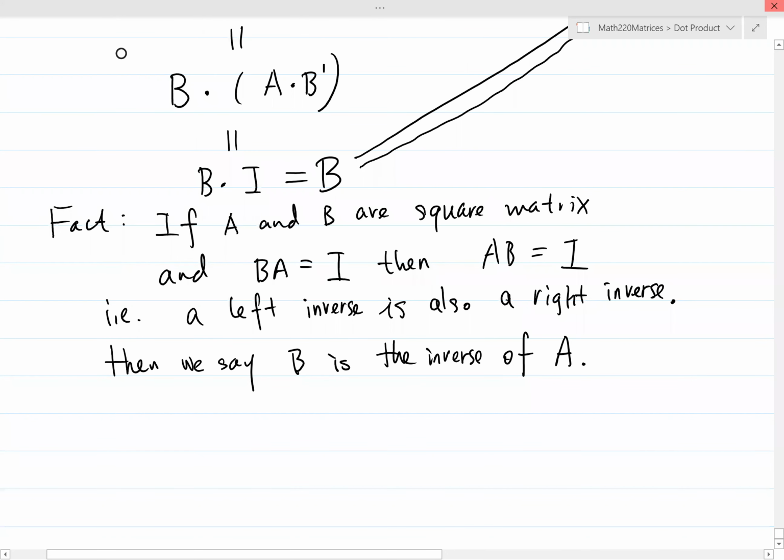And if A has an inverse, then we say A is invertible.